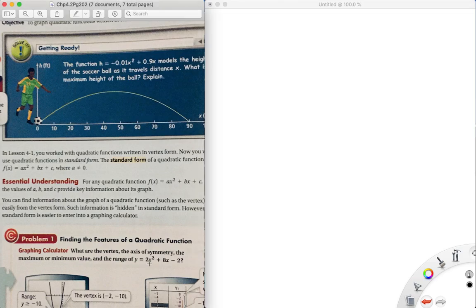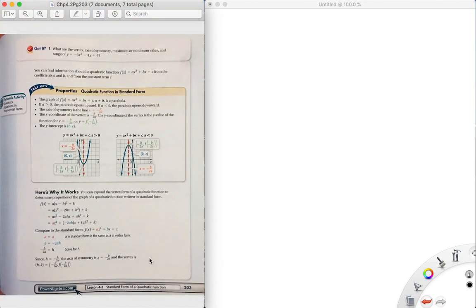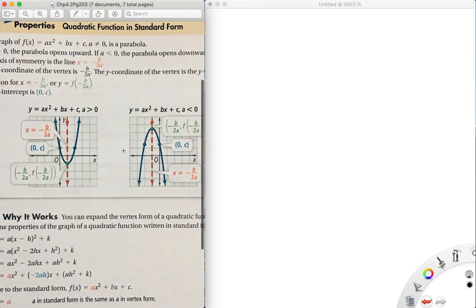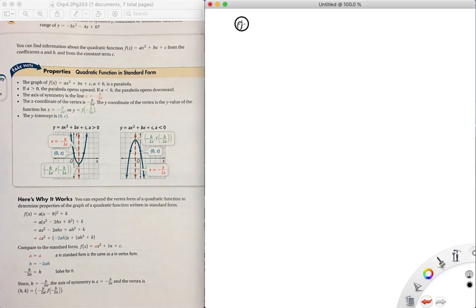I'm not going to ask you to graph. I mean, you'll use decimals to graph, but here is what I just said. Oh, the one thing I forgot to say is the y-intercept. So ax squared plus bx plus c.